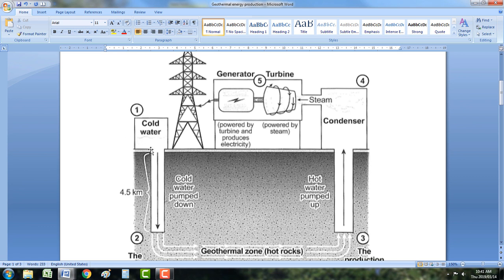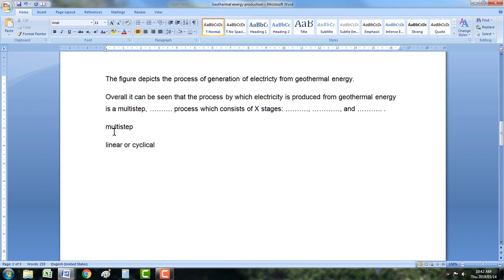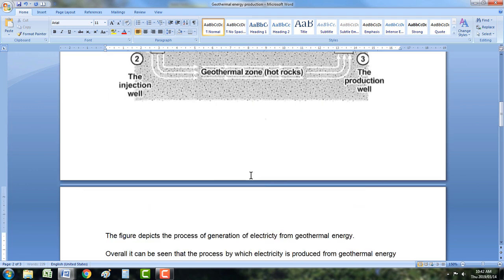The water here goes around, and they don't say anything about the water going back into that tank. So we just assume that the water goes out somewhere there. So it's not a cyclical process, it's a linear process. So that we're going to put over there. Right. It's a multi-step linear process which consists of, and we've got 5 stages. And now this is quite difficult.